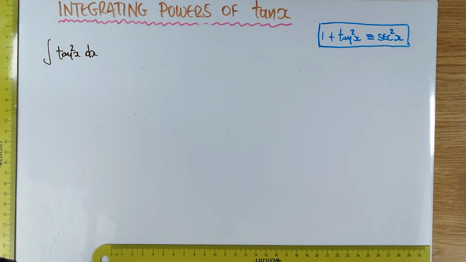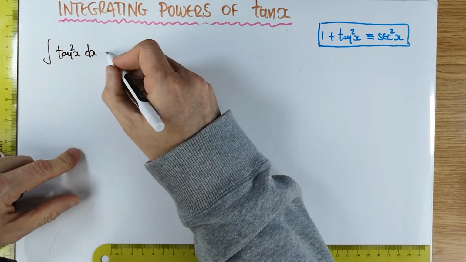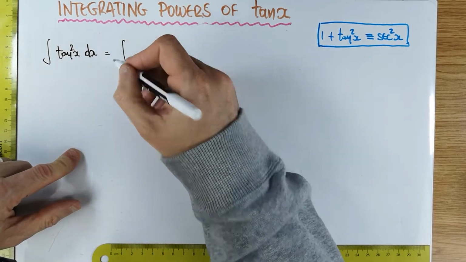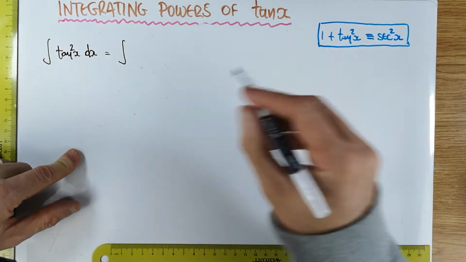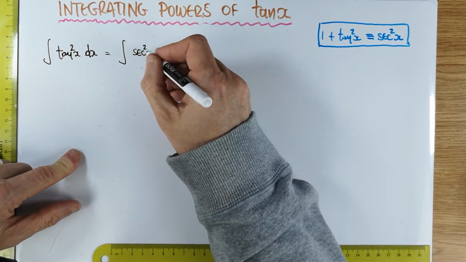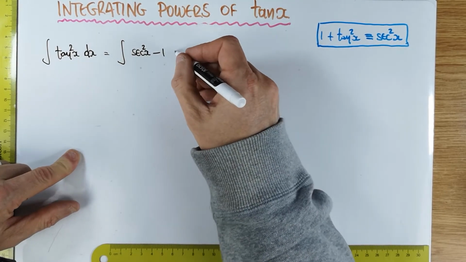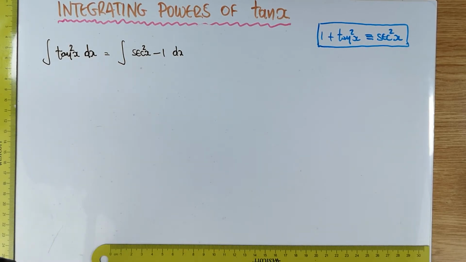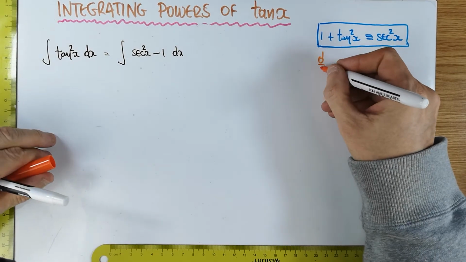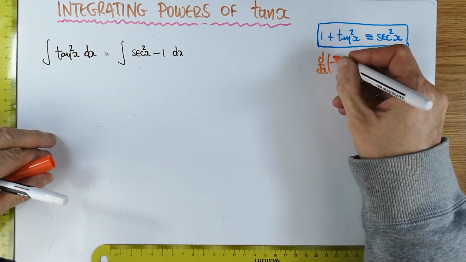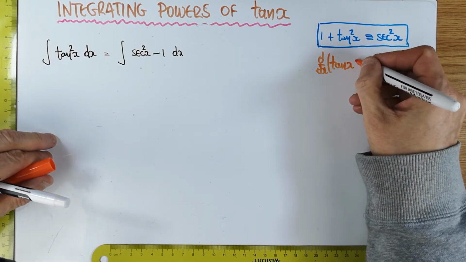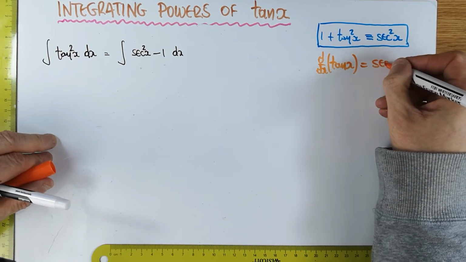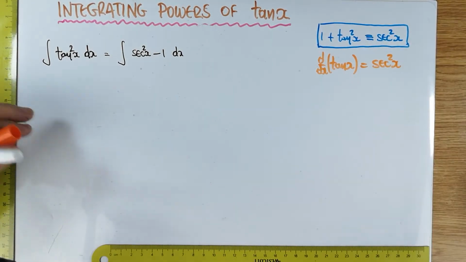Okay, so we're going to switch the tan squared using this identity to sec squared of x minus 1. Why we want to do something like that is because the differential, and I'm going to write another result. Let's do this in orange. I'm going to write on the side here, d by dx of the tan of x is equal to the sec squared of x.